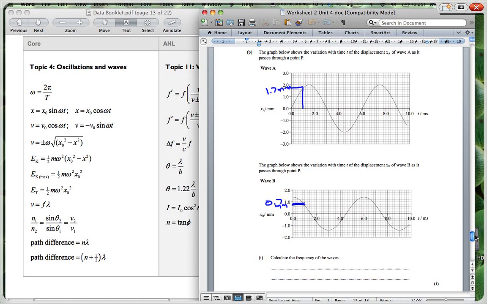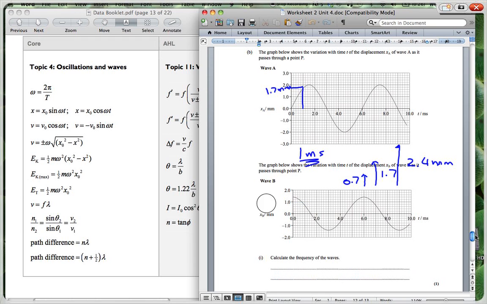So at that point, you're going to have this one at 0.7 millimeters, and this one at 1.7, and they're going to add up to a total of 2.4 millimeters. That would be for your 1 millisecond time.